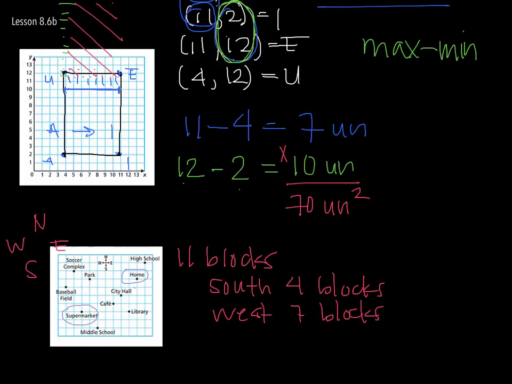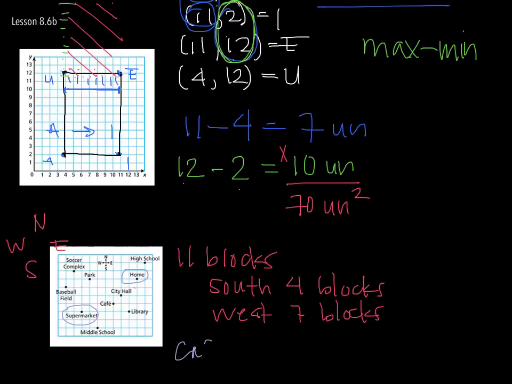Now, as a challenge problem, boys and girls, if you have some time, I'd like you to think about what's the shortest route to get from the cafe to the middle school.